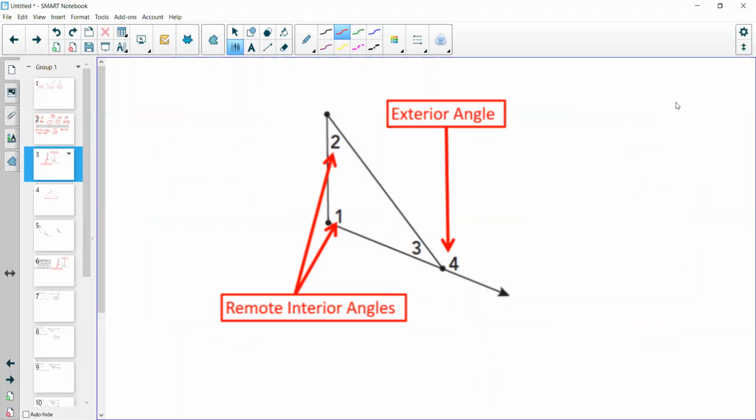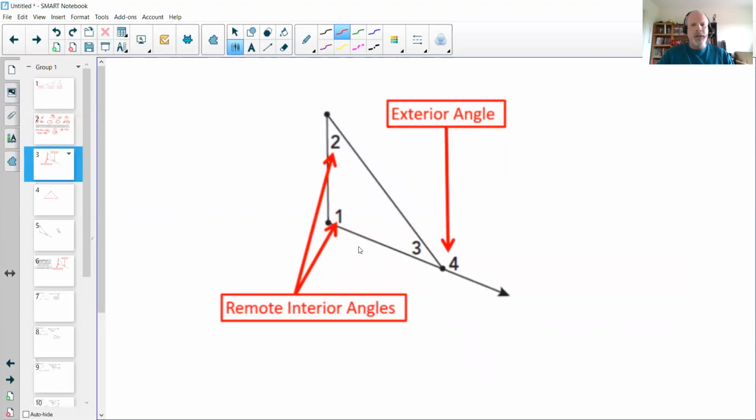The second rule for triangles today is called the exterior angle theorem. Now, before we say what the theorem means, let's look at some vocabulary. Notice on the triangle here, I have angle 4 marked as an exterior angle because that angle is outside of the triangle.